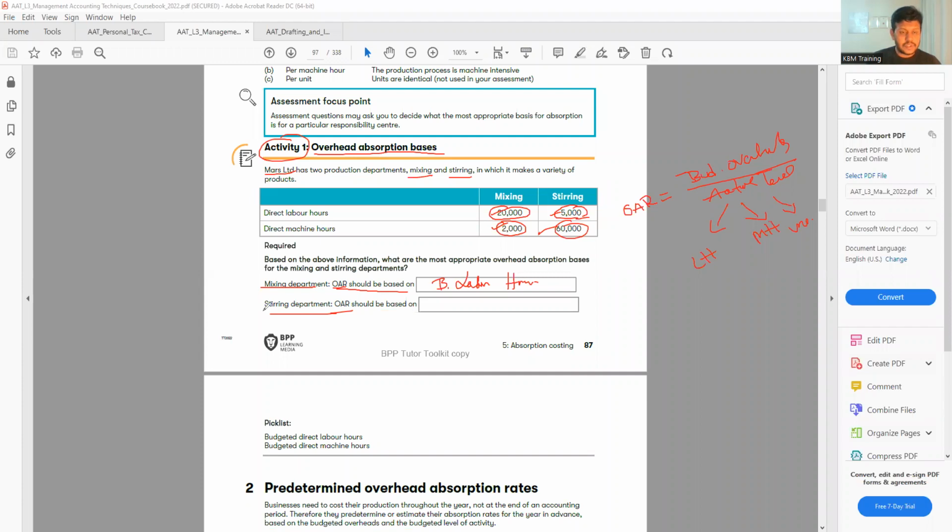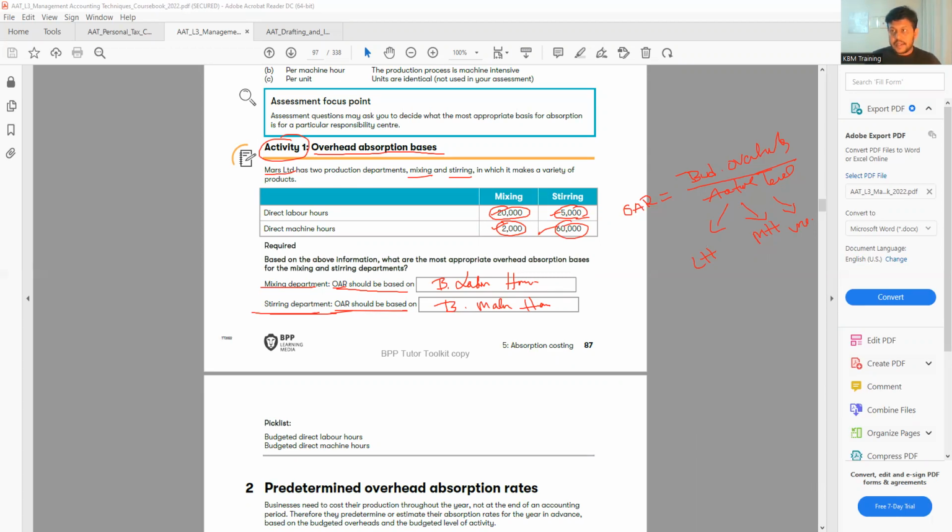So the string department overhead absorption should be based on budgeted machine hours. So from the scenario, we are able to understand whether the overhead absorption rate will depend on the machine hour or the labor hour.